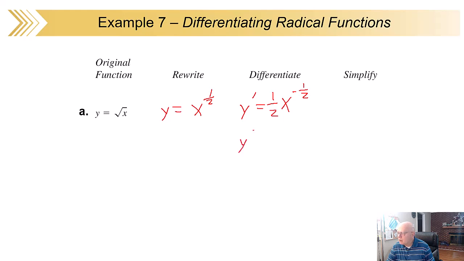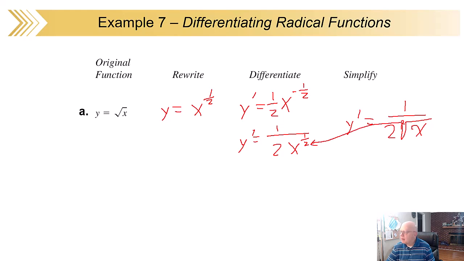First of all, that negative exponent means you've got 1 over 2x to the 1/2 power. Final writing, y prime equals 1 over 2 square root of x. Now you don't need the 2 up there. That's just to remind you that that's where it comes from, the 1/2.